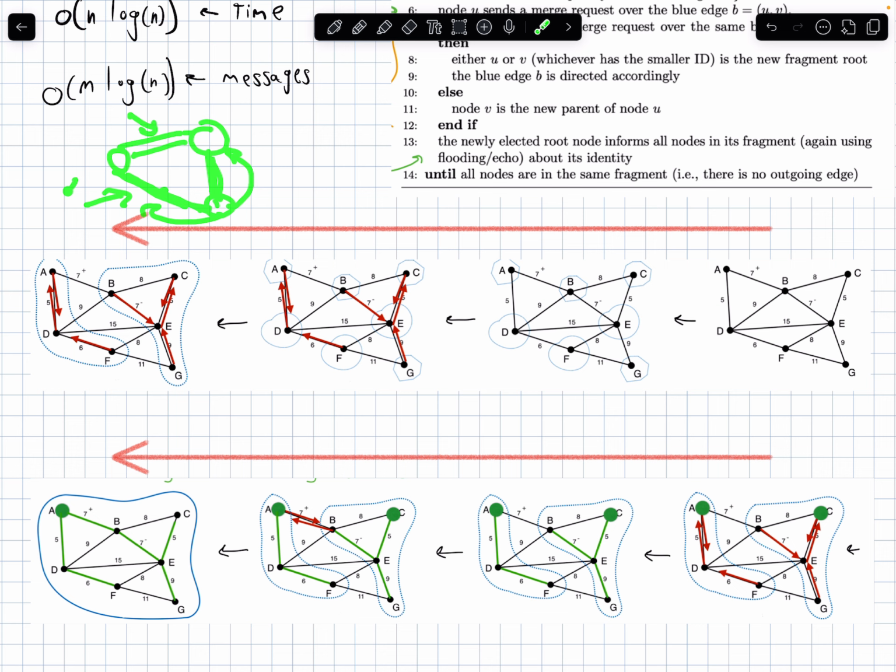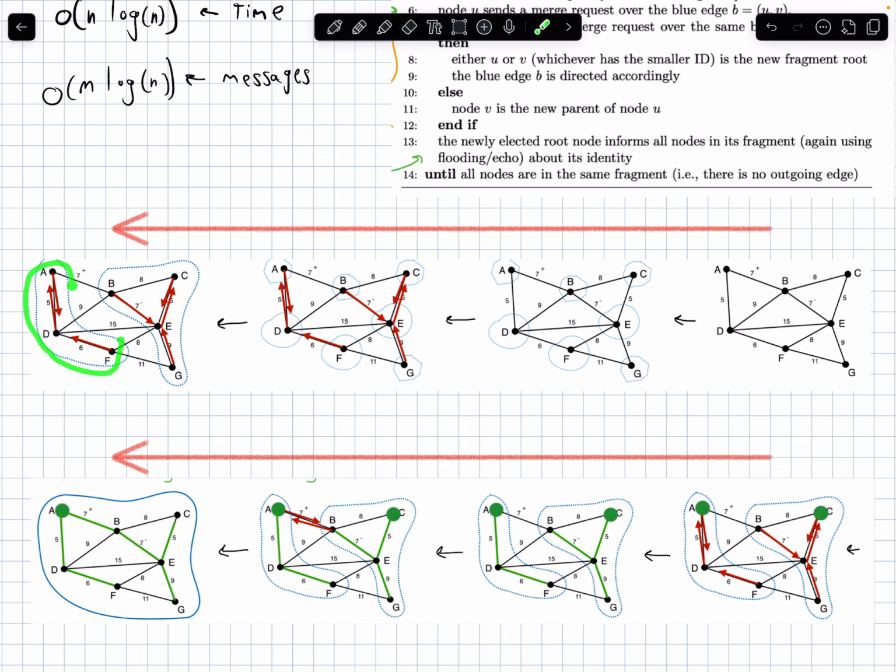So if this is x, this is y, and this is z, if x is less than y and y is less than z, then z is bigger than x and y. You can think about it like that.